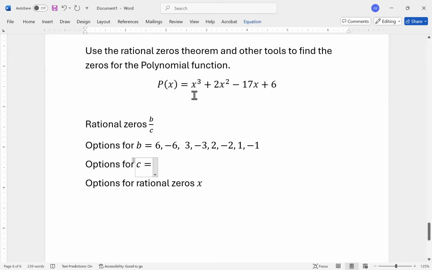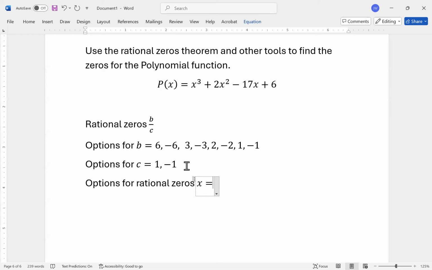C has to be a factor of the lead coefficient, so basically I get a +1 or a -1. It's always the nicest when C is 1 or -1. If I have lots and lots of options for C, then it's harder to do.